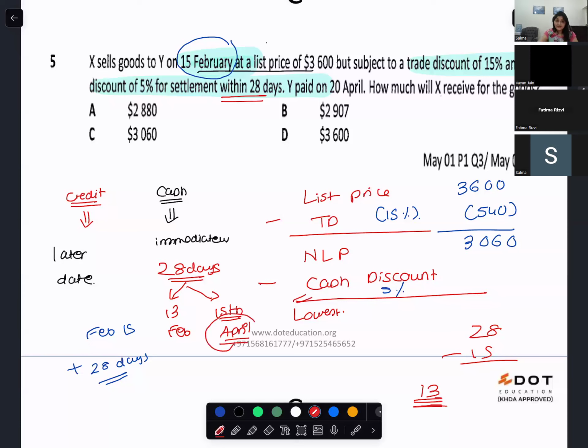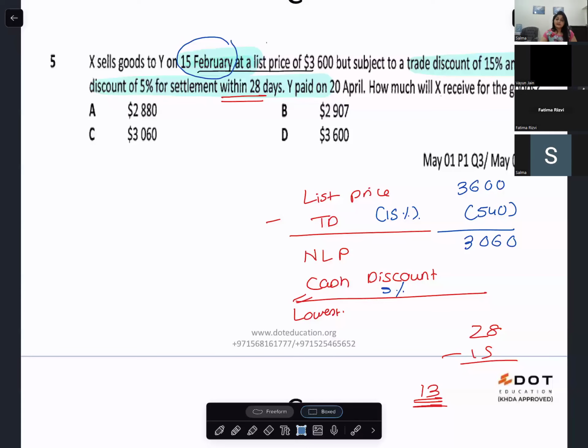First, try to digest this fact. When has he sold the goods? On 15th Feb. He's giving him how much time to pay to avail the cash discount? 28 days.